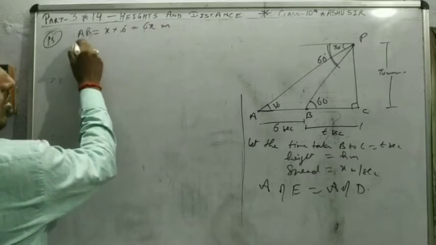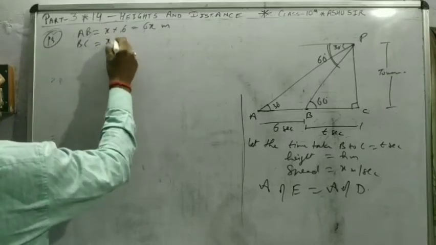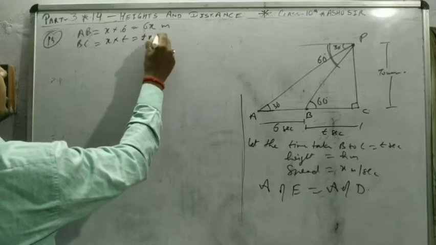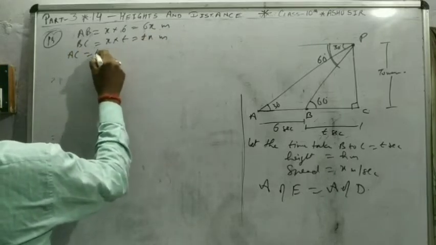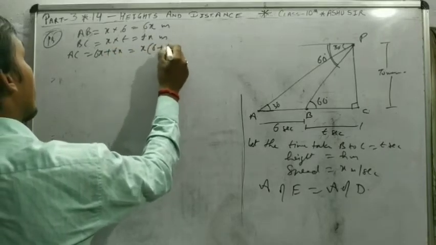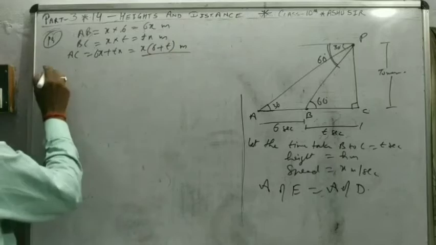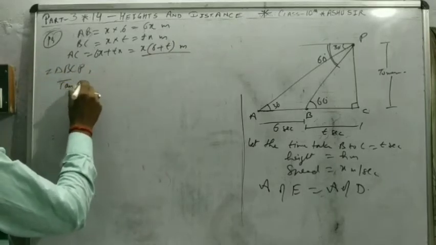Then BC is equal to x into t, so tx meter. So AC is equal to 6x plus tx, x common, x(6 plus t) meter. Then use triangle BCP, tan 60.